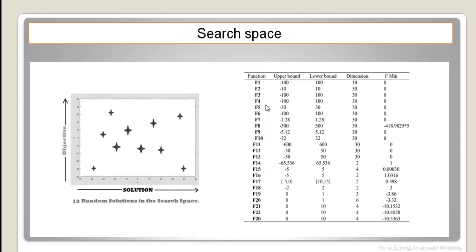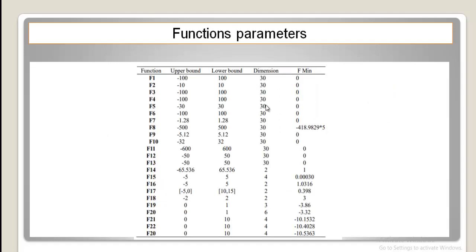The function parameters provide a summary of the parameters for a series of benchmark functions likely used in testing optimization algorithms. Each function has a specific upper bound and lower bound, which define the search space limits for the optimization process, as well as the dimensionality of the problem, which for most functions is 30 here.